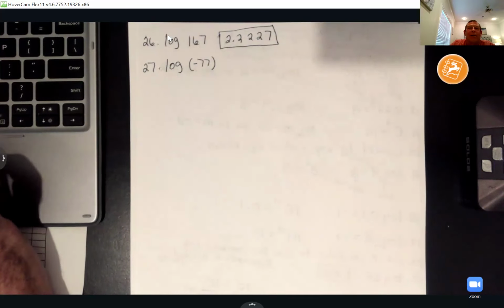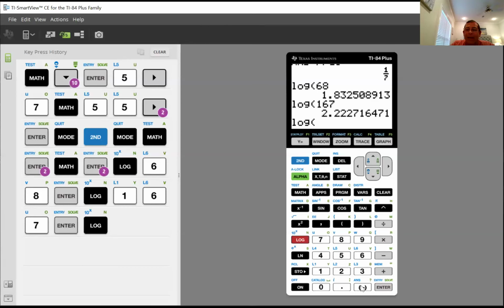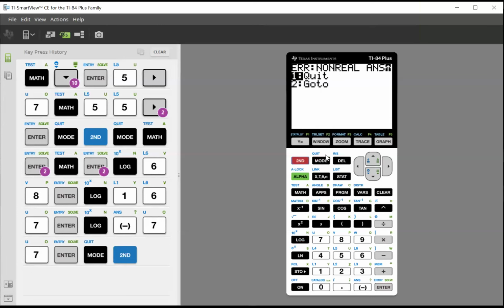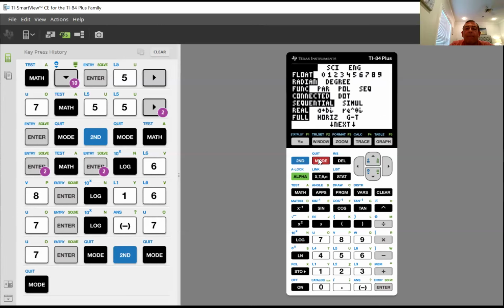Okay, so let me punch that in. We got the log of a negative 77. I'm hoping you got something like that. I got 1.8864907252 plus 1.364376358538i. Since you got an i on it, that means it's a non-real answer. Now let's fix that. Hit your mode button, go all the way down.